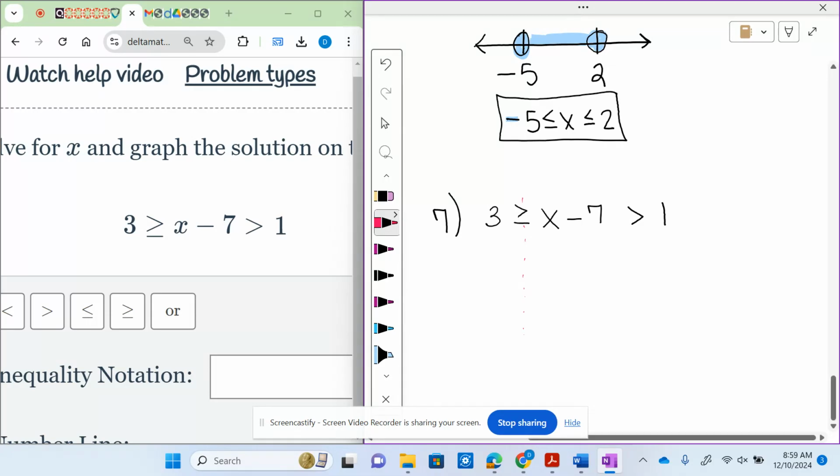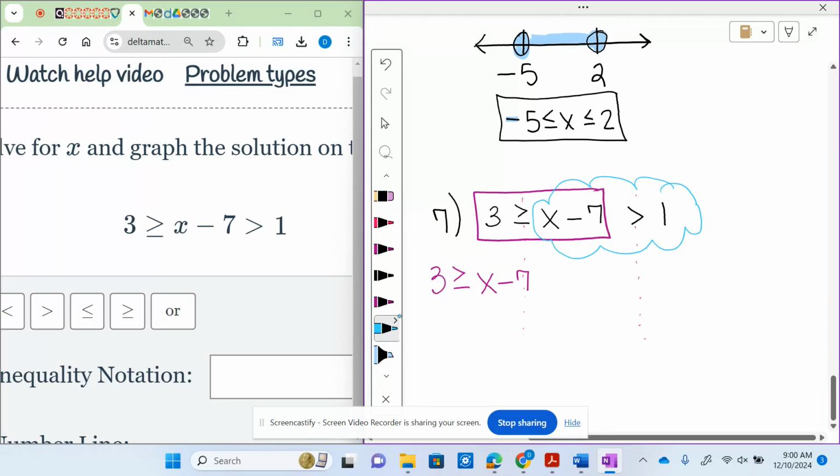You have an inequality symbol here and an inequality symbol here. So that means that this is one inequality, and I want you to separate it. 3 is greater than or equal to x minus 7. This is the other inequality, and I want you to separate that. X minus 7 is greater than 1.